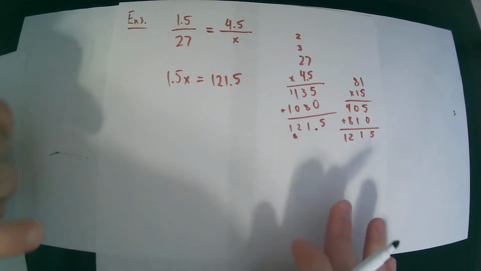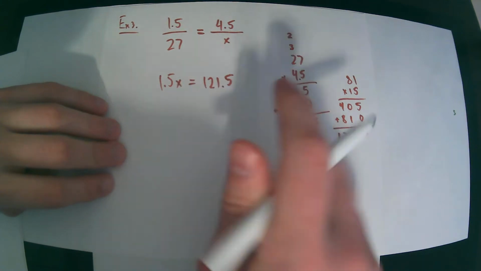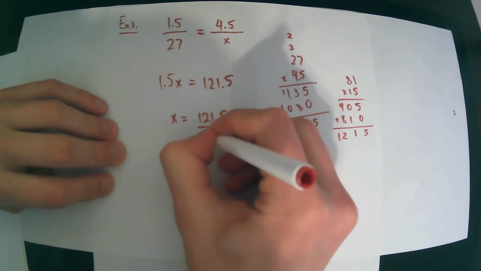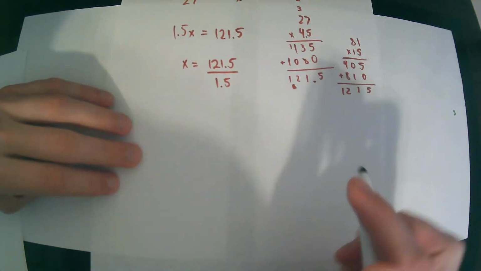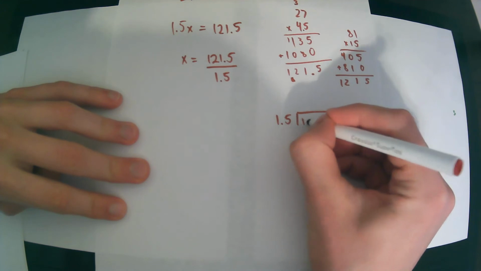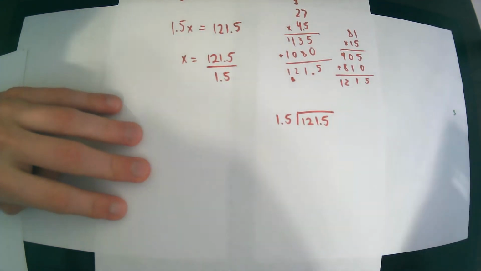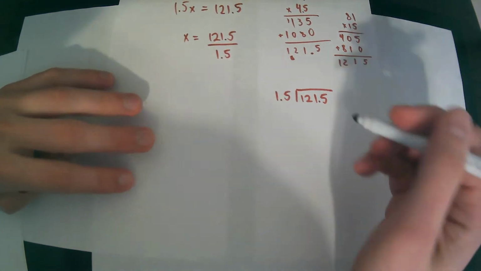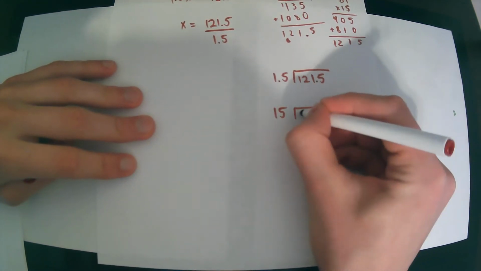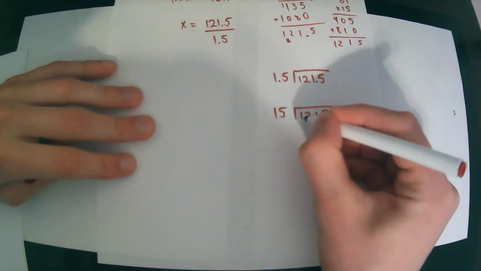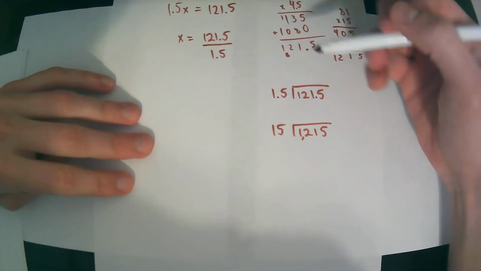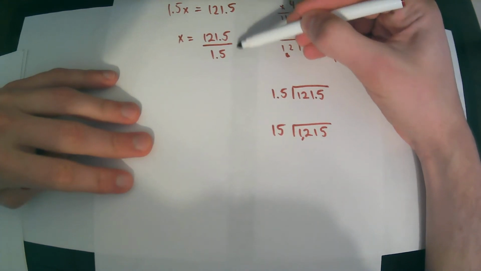And now we want to solve for x, so we're going to divide by 1.5 on both sides. And I'll choose to do it without a calculator again, just so you can see it if you'd like, or you can just cover your eyes if you don't want to see the decimal arithmetic. This is the same as doing 15 goes into 1,215, scooting the decimal point out on each of these numbers. That's legitimate. That's the same as multiplying by 10 in the top and bottom, right?